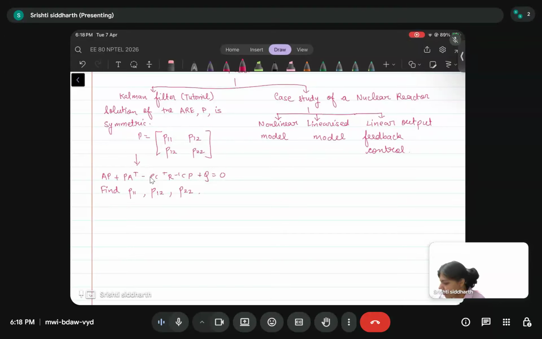Alright, so we'll begin with a short example on the continuous time Kalman filter so that I can explain the solution of the algebraic Riccati equation, and then we'll move on to the case study of the nuclear reactor.